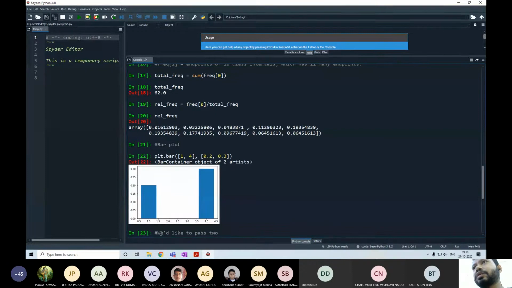Our goal is to pass two arrays. The first array should be the midpoints of the class intervals, and the second array should be the relative frequencies.